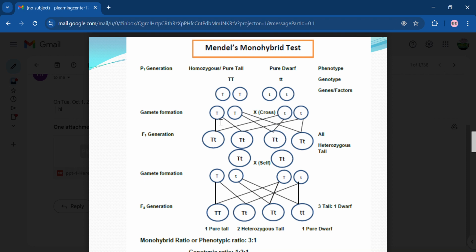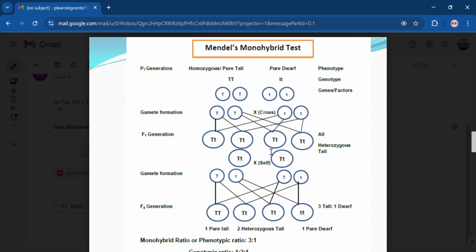When they are crossed together, what happens? Capital T crossed with small t gives capital T small t, again capital T small t, capital T small t. So four types in the F1 generation.